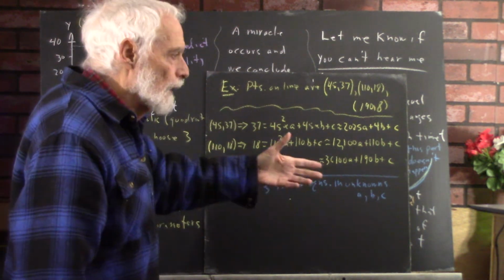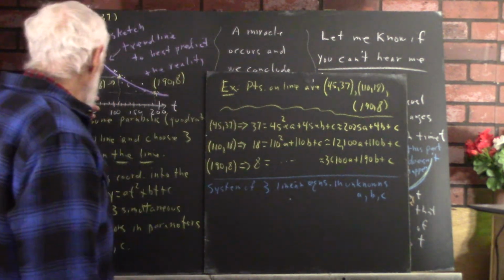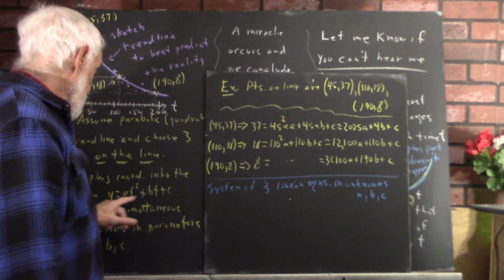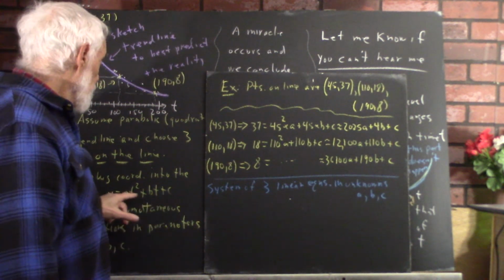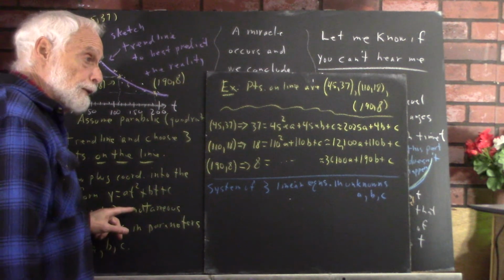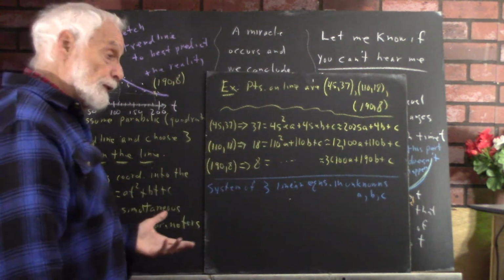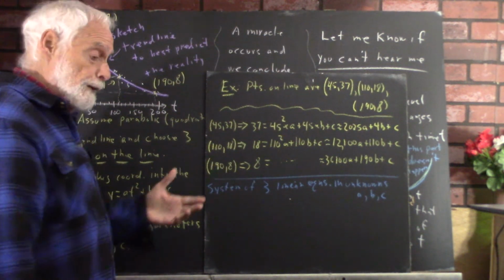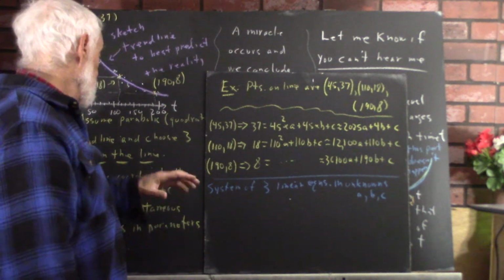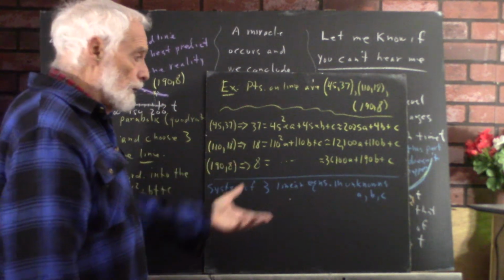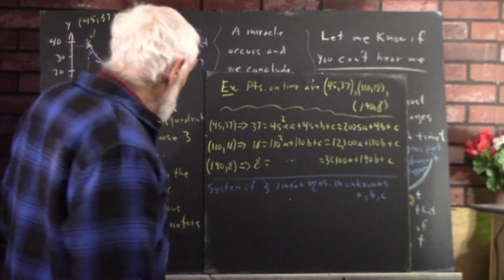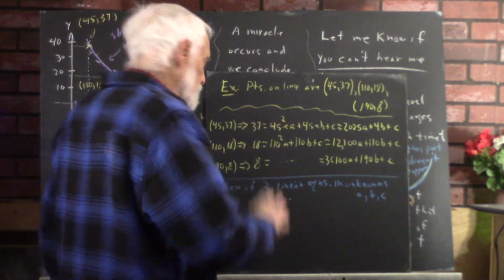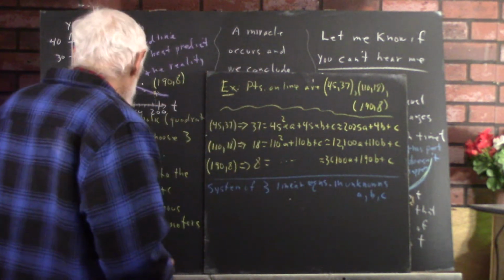A, B, and C are the parameters of the general model, okay, of our model. And once we know the values of those parameters, we know our function. We can find its zeros if it has any. We can find its axis of symmetry. We can find its vertex. And we can do calculus with it. Of course, we won't, because we're not there yet. And, you know, the course isn't there yet. And this course doesn't get there.